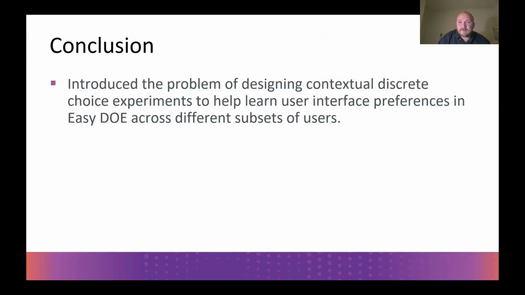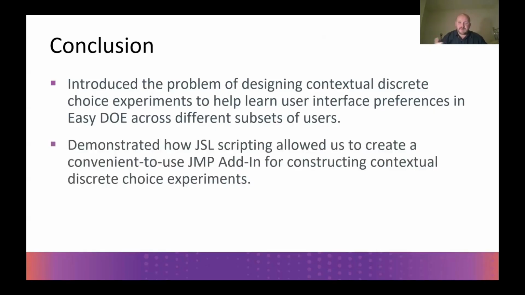So as a conclusion of today's talk, I introduced the problem of designing contextual discrete choice experiments to help learn user interface preferences for easy DOE across different demographic groups of our user base. Then I demonstrated how JSL scripting can allow us to create a very convenient to use JMP add-in for constructing these discrete choice experiments.